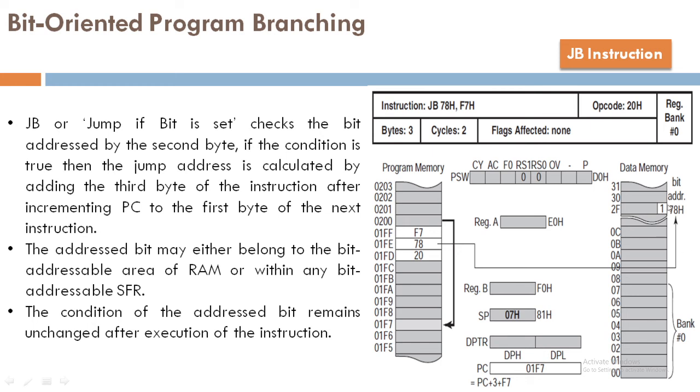Suppose this location has 1. This is the bit address 78, and here the content is 1. So now the jump will be executed, after adding the 00 location with F7. Remember we are doing this in the 2's complement manner, where it is actually algebraic summation, so it is going back to 01 F7.